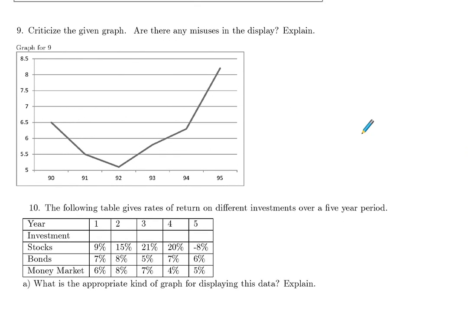Number 9, we want to criticize this graph and see if there's any misuses in the display. So you're looking for things that are distorting the graph and could possibly be deceptive. For example, I noticed this vertical scale starts at 5. We don't even know what this graph tells us. There's no title, so that's one thing.